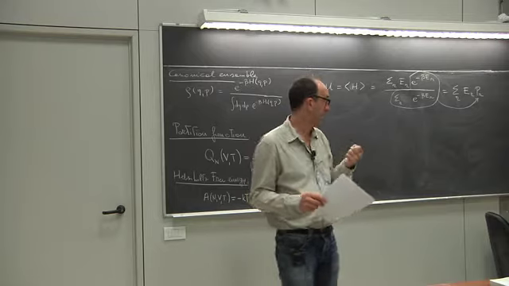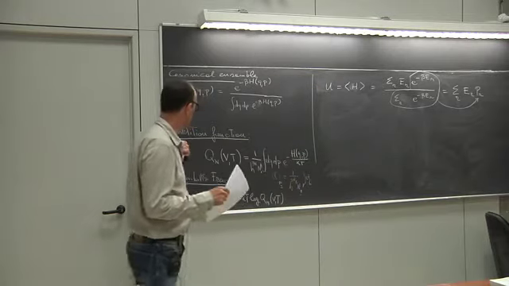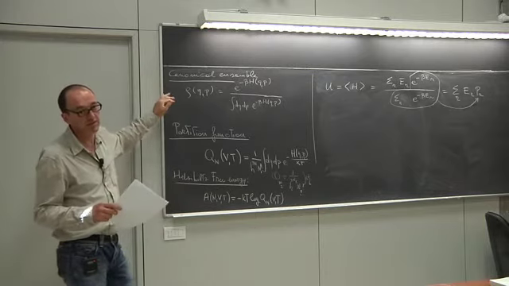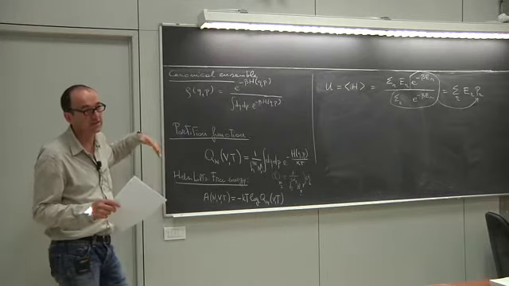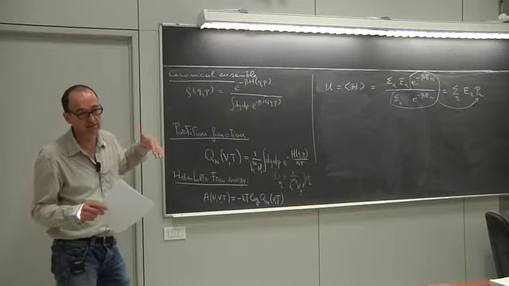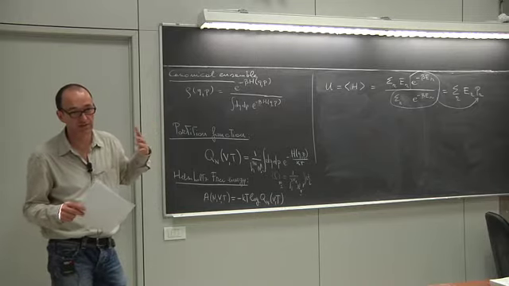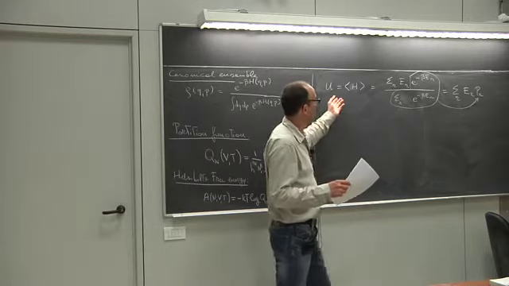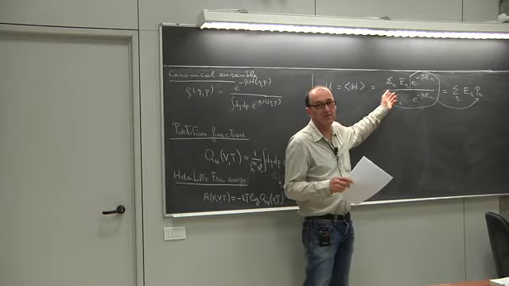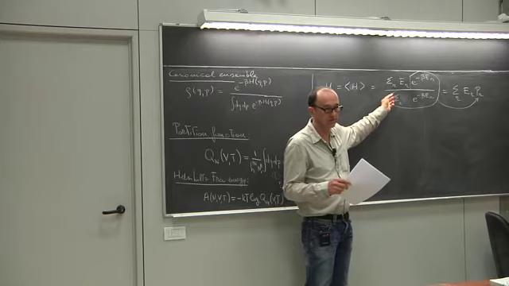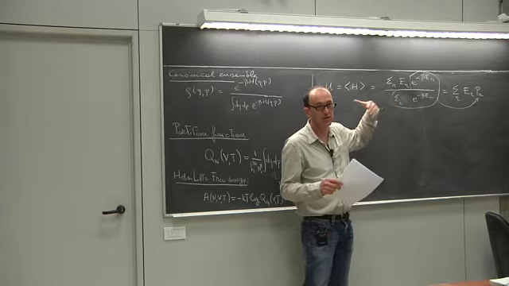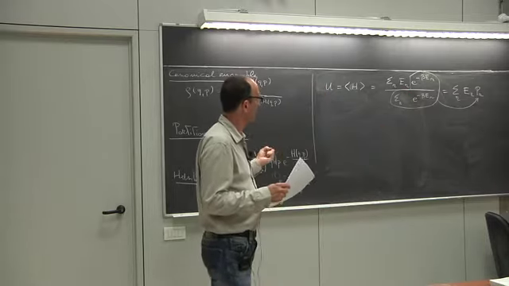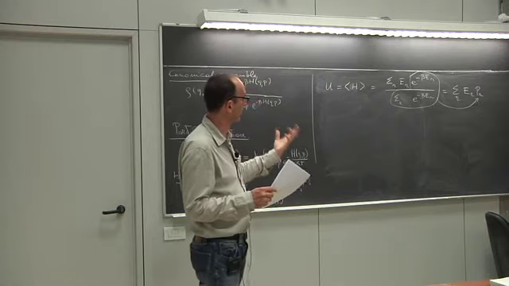So to show that the canonical ensemble description is essentially equivalent to the microcanonical one, we have to figure out what the fluctuations of the energy are.